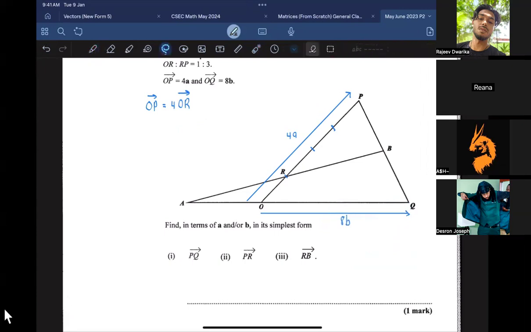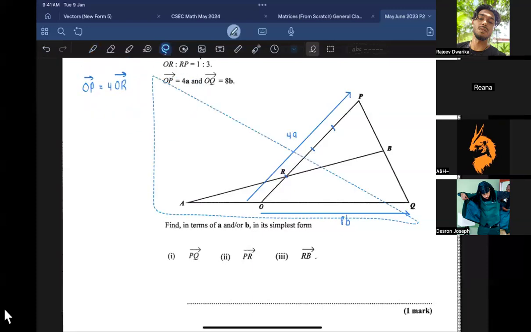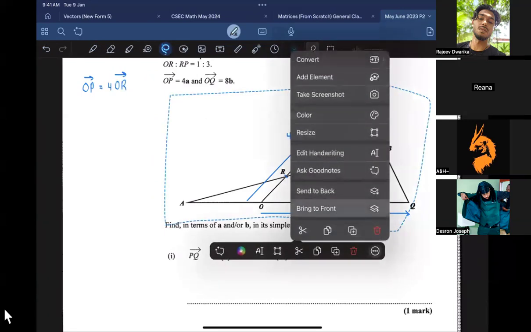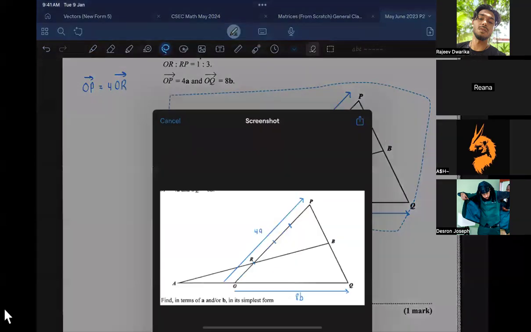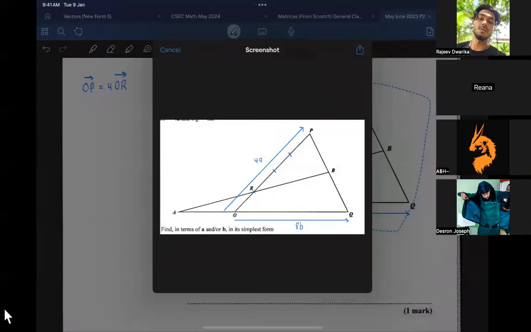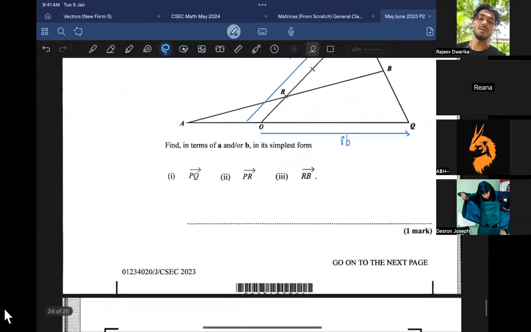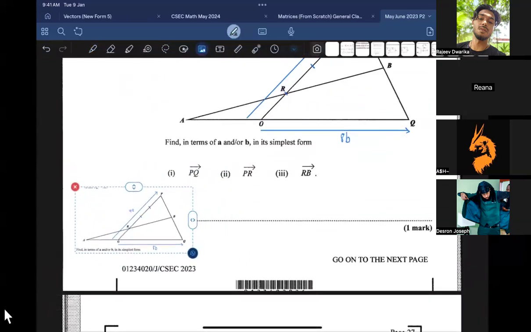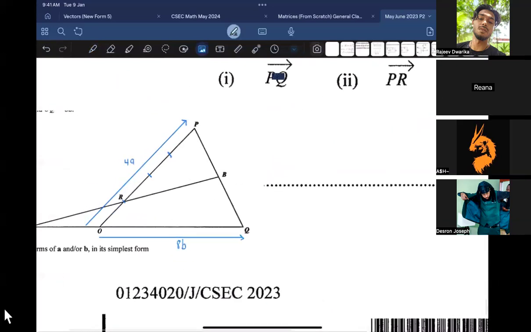So let me get a copy of the diagram. Yeah, so I'm going from P to Q. If I want to go from P to Q, that's this thing over here. That's what we're trying to find.